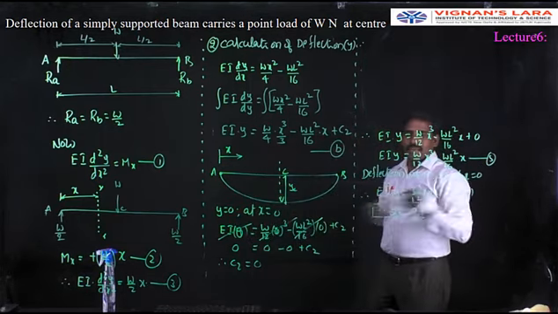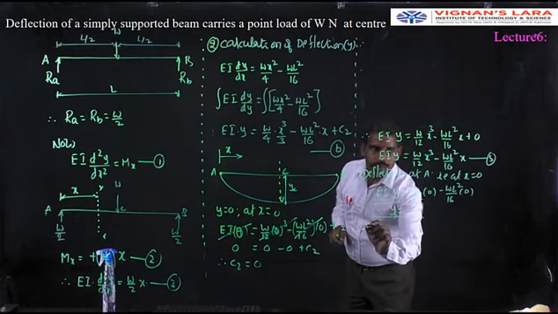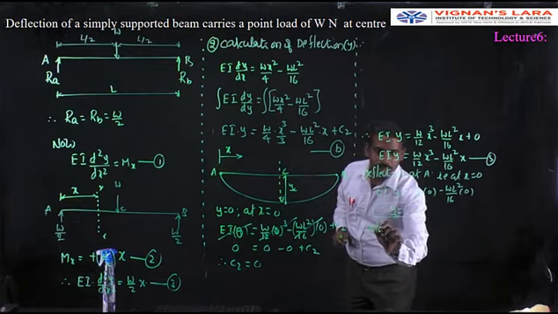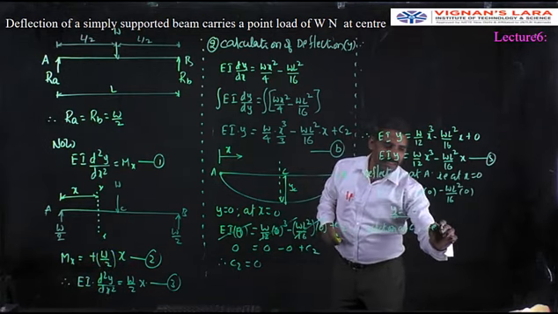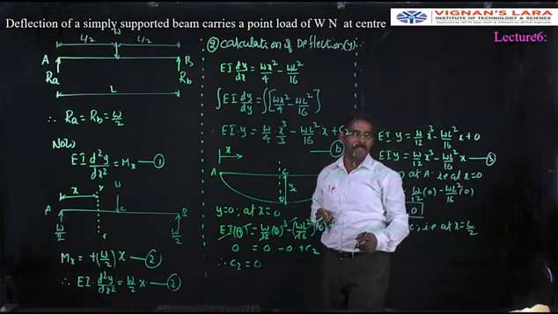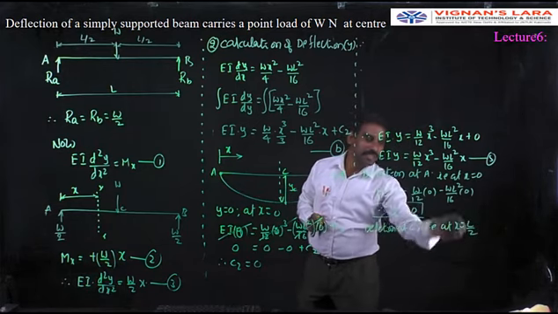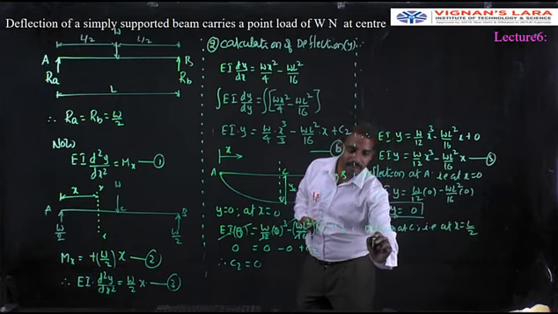Now calculate the deflection at C. Deflection at C, that is at X is equal to L by 2. Simply substitute X is equal to L by 2 in the above equation.